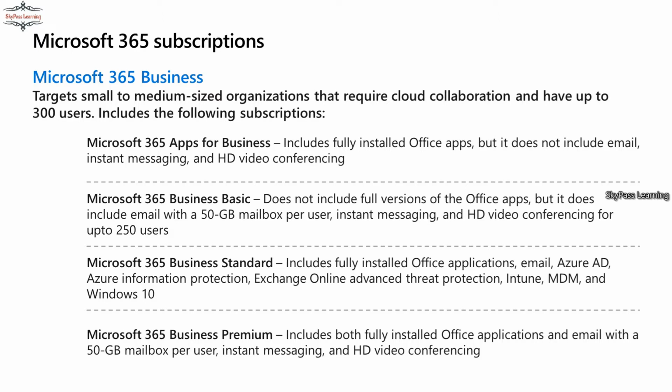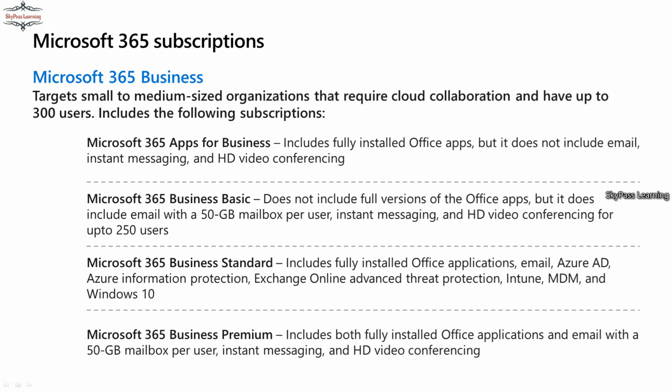The subscription plans available include the Microsoft 365 Business plan. These are for small and medium-sized organizations, and mostly recommended for up to 300 users. It's not a hard and fast rule, but it's the recommended way. Here you will get Microsoft 365 Business Basic, Standard, and Premium plans, where HD video conferencing functionality is available if you take the Business Premium plan.